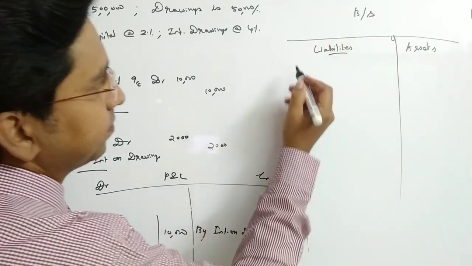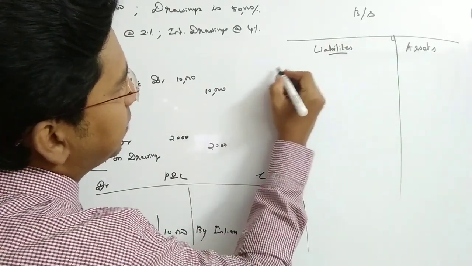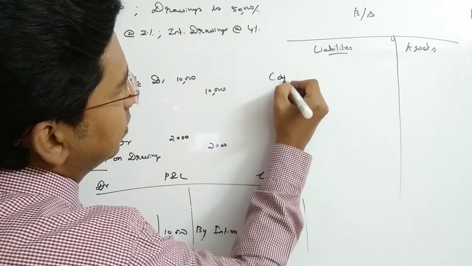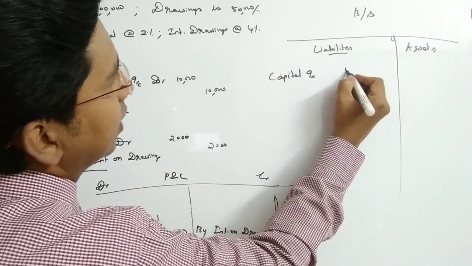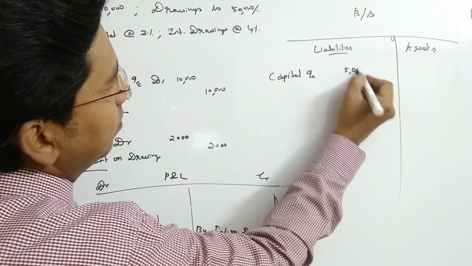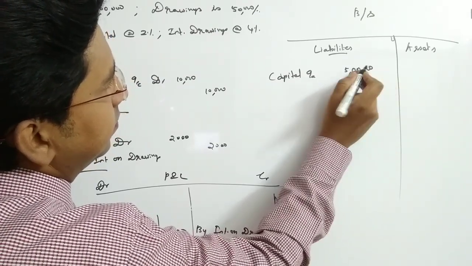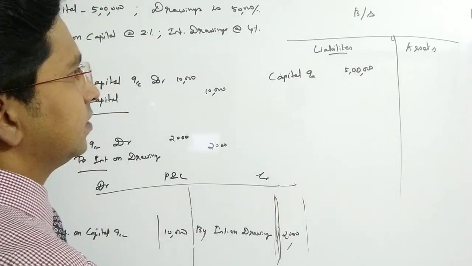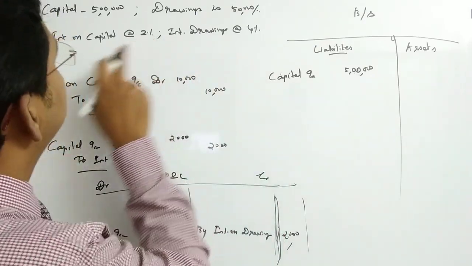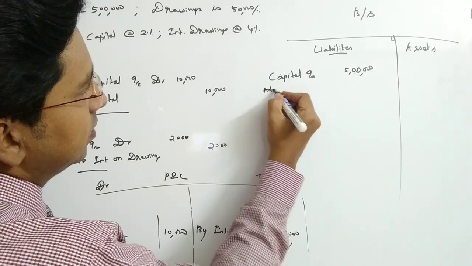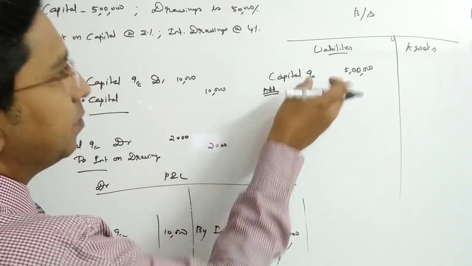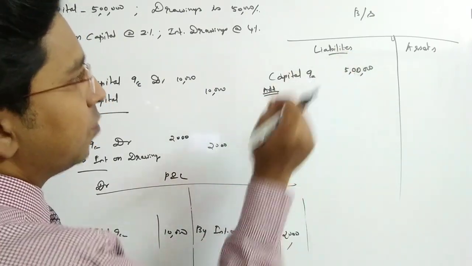So here we're going to adjust these two elements with the capital, including drawings. Let's see how. Capital account. How much? It is 5 lakhs. Put it on the inner column. Then obviously interest on capital should be added, because that is calculated with this amount only.